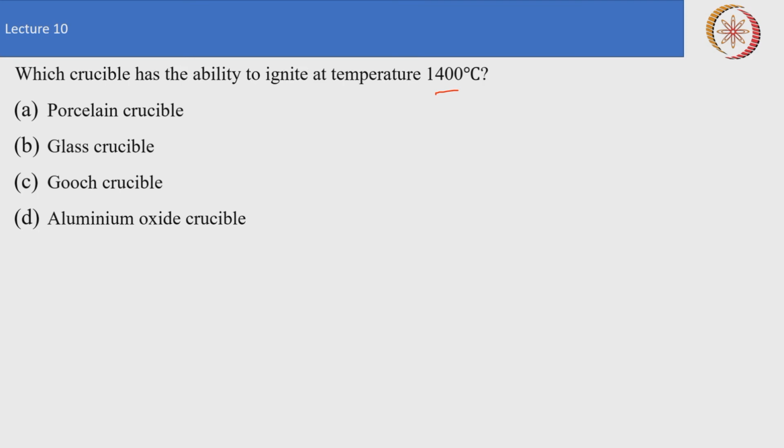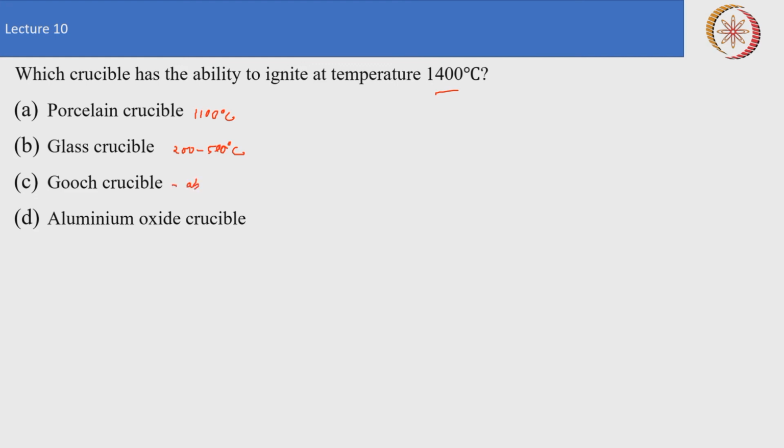As I already mentioned, depending on what temperature you want to do the experiment at, you have to choose which type of crucible to use. The porcelain crucible maximum you can go to 1100 degrees Celsius.